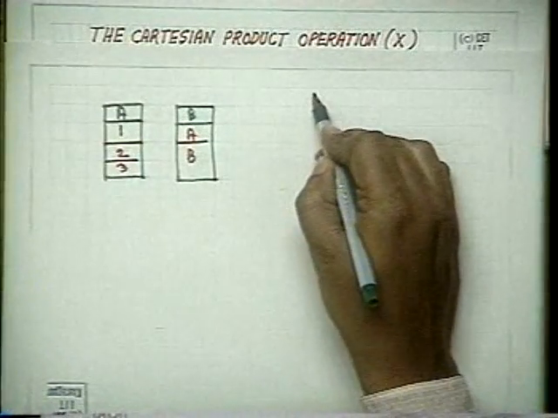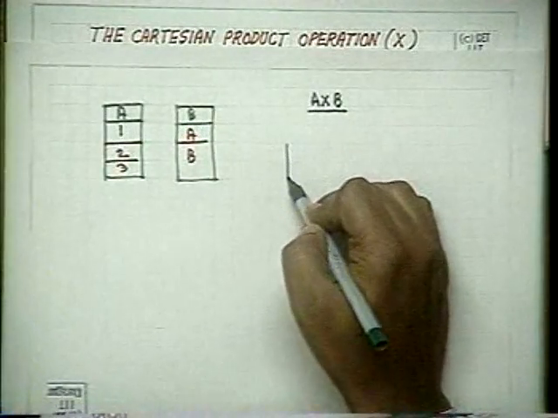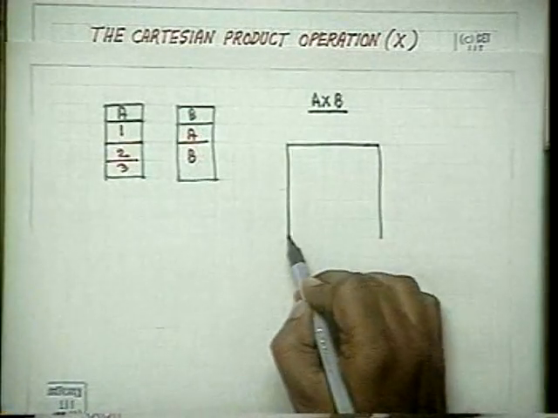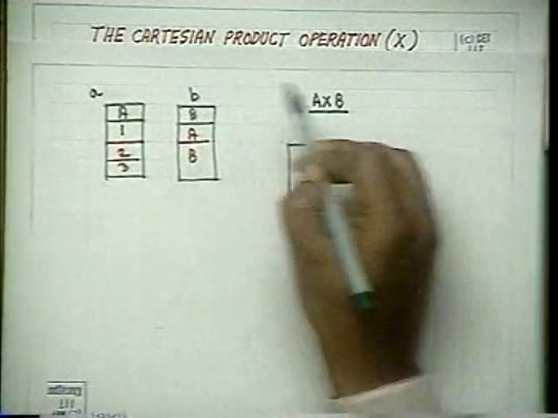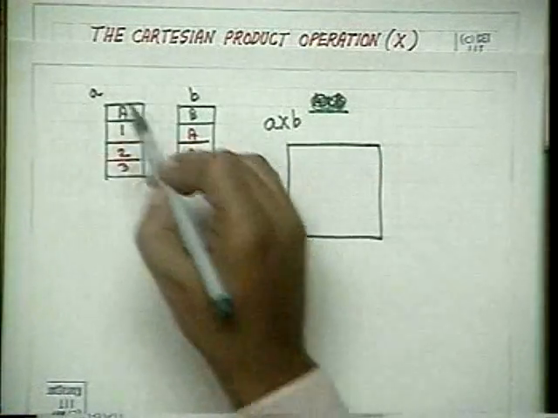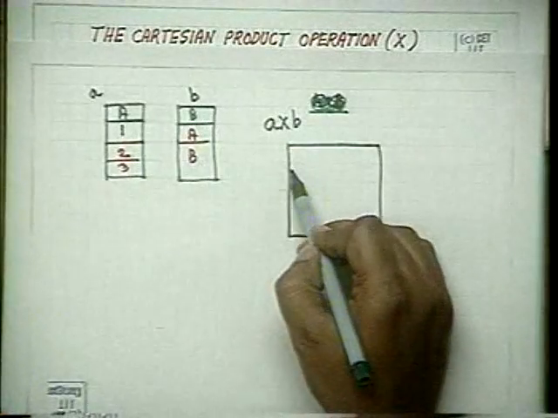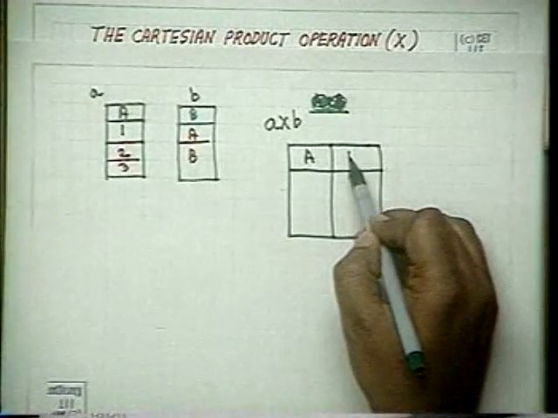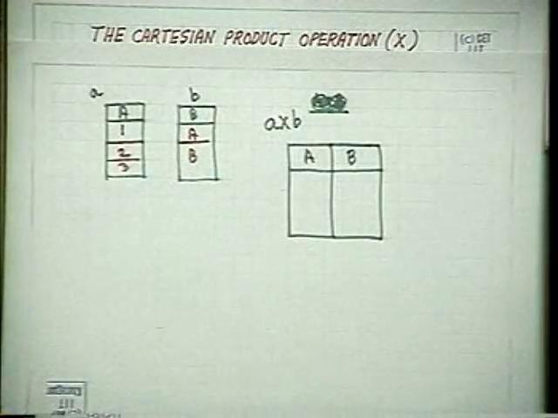A cross B will firstly have, this is relation A, this is relation B. Relation A has attribute capital A, relation B has attribute capital B. A cross B will have attributes capital A and capital B. And the tuples here will be all possible combinations.